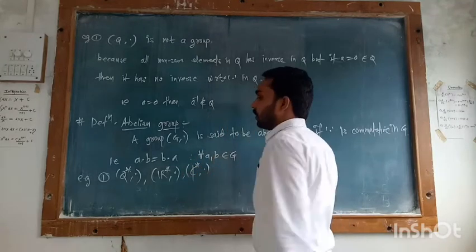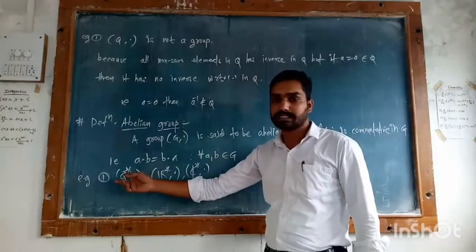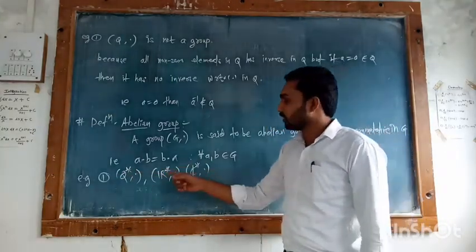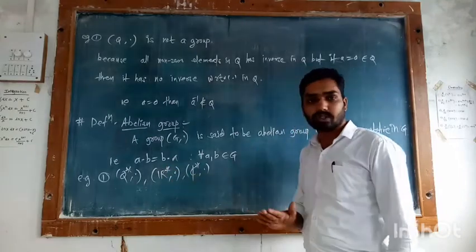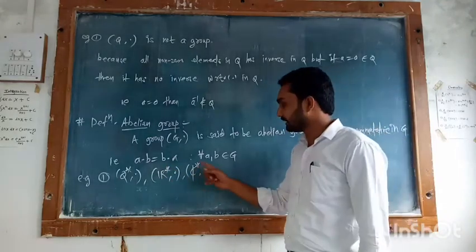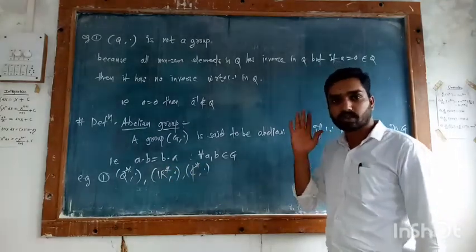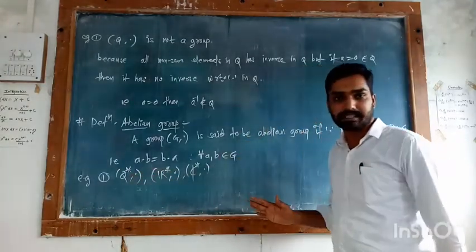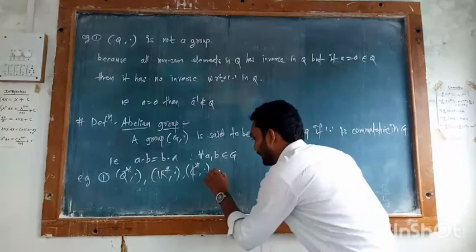Now what do you mean by Q star? Q star means the set of non-zero rational numbers. R star is the set of non-zero real numbers. C star means non-zero complex numbers. All of these have binary operation dot, meaning multiplication or product.